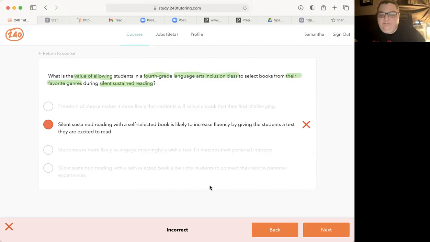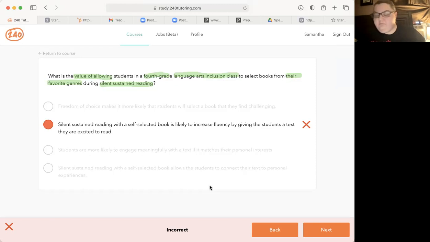That's your natural curiosity. So by allowing students the option or the choice to be an agent in their own learning, not just little robots being told you will read this during silent sustained reading, which means they read for like 15 minutes silently for a sustained period of time.